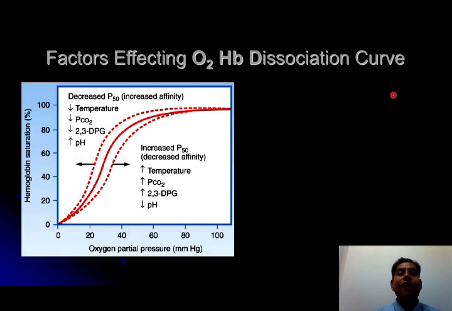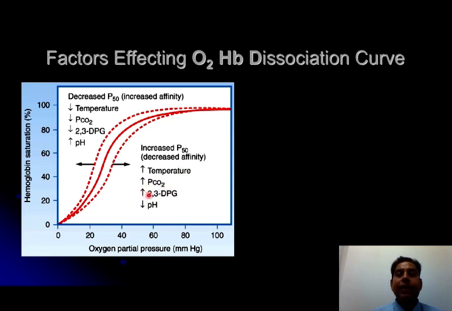Now, if you look at the factors which can affect the oxygen hemoglobin dissociation curve, there are four major factors, all of which need to increase. The first one is an increase in the temperature. Second is an increase in the partial pressure of carbon dioxide.